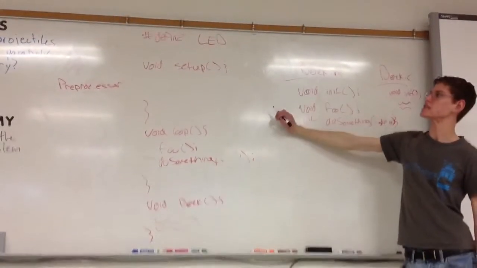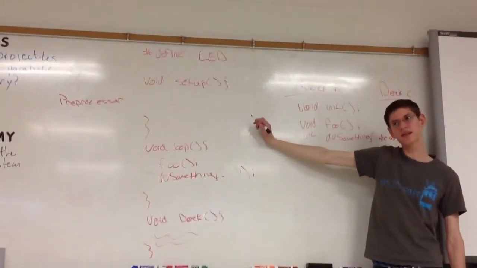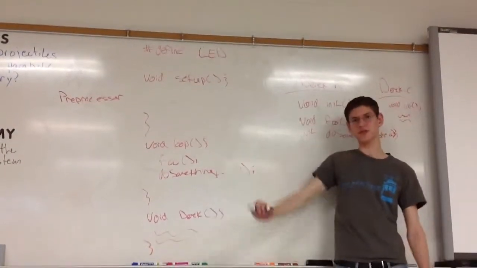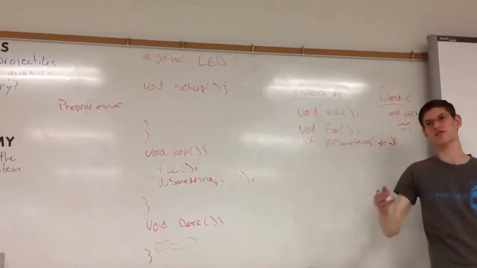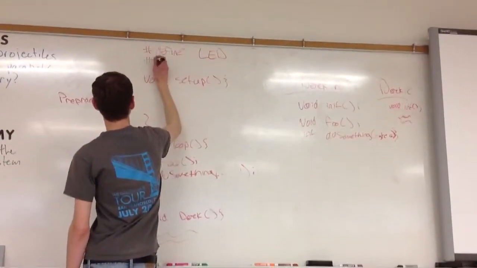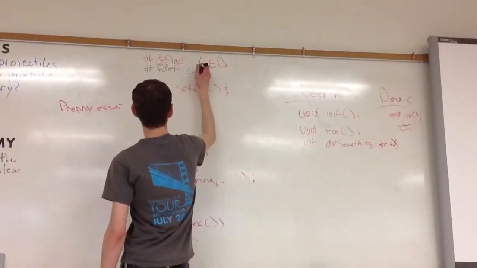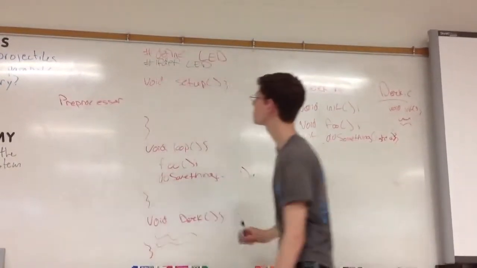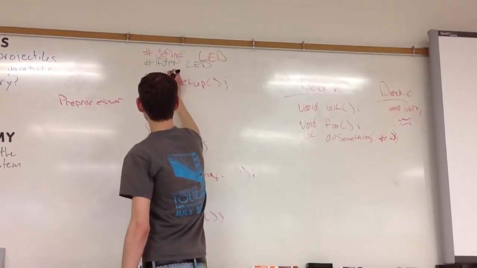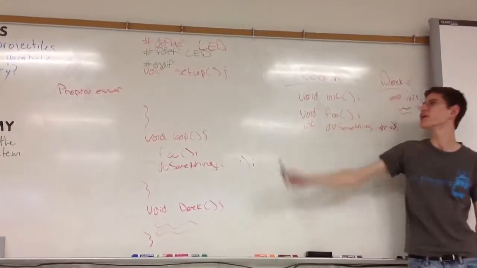But the reason you would define something and not give it a value is when you're using other kinds of preprocessors called conditional preprocessors. They're pretty much the preprocessor version of an if statement. So I can come down here and say #ifdef LED, and down here #endif.